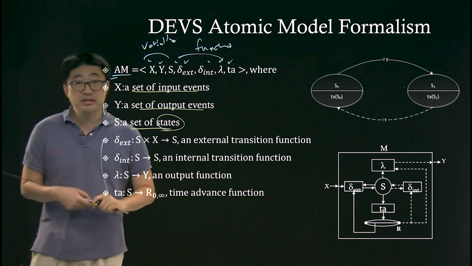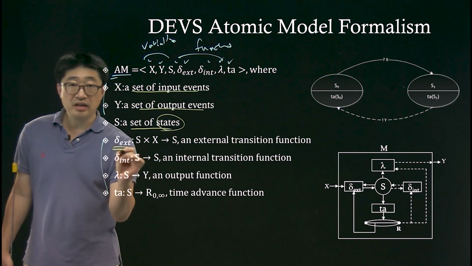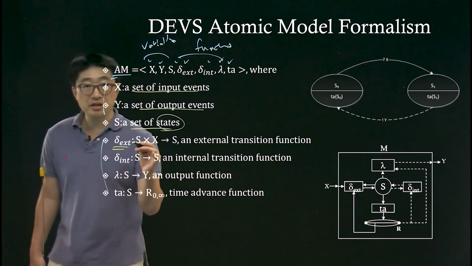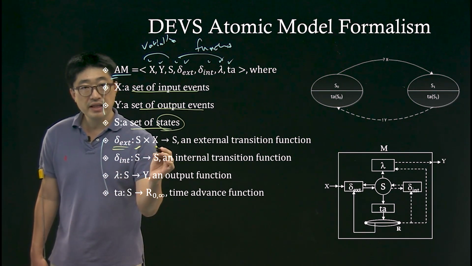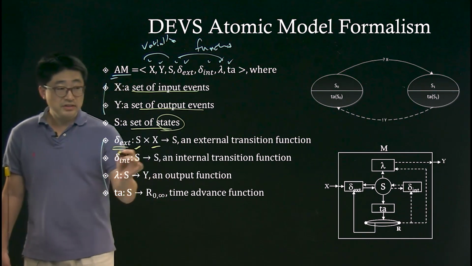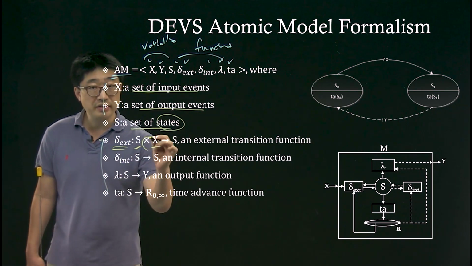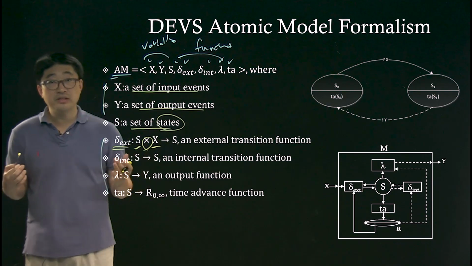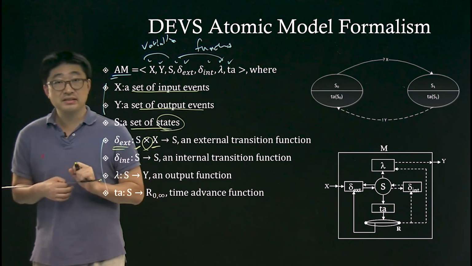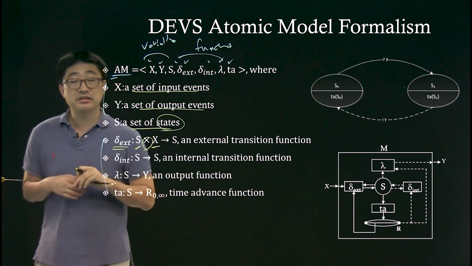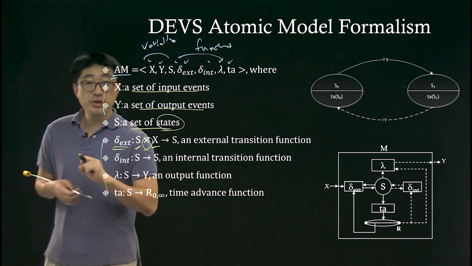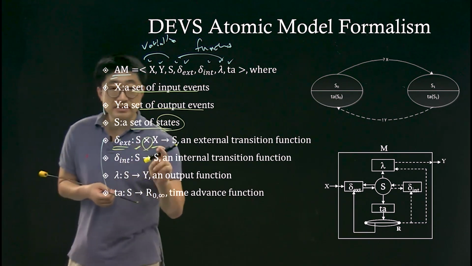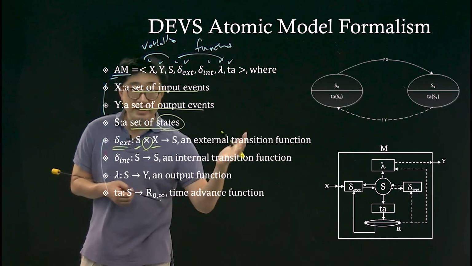Delta external, mathematically, is defined over a combination of state and X. This product defines the combination: one instance of S and one instance of X. This will create one instance of state for the next time.